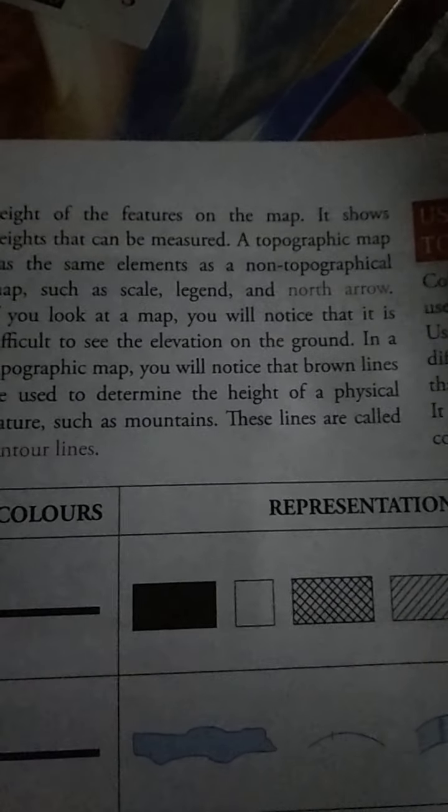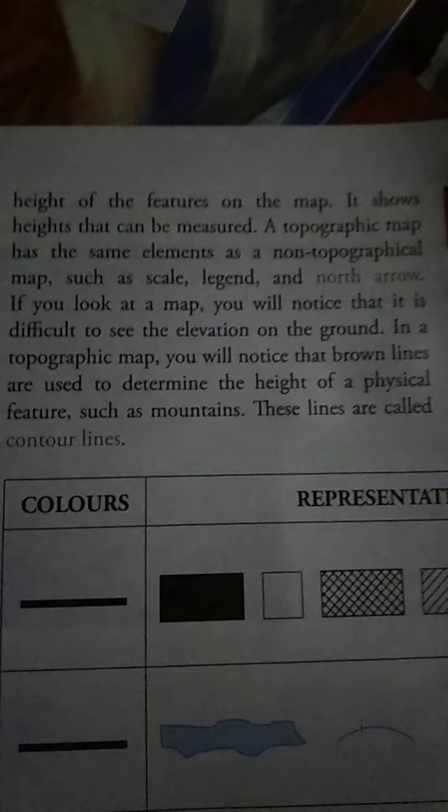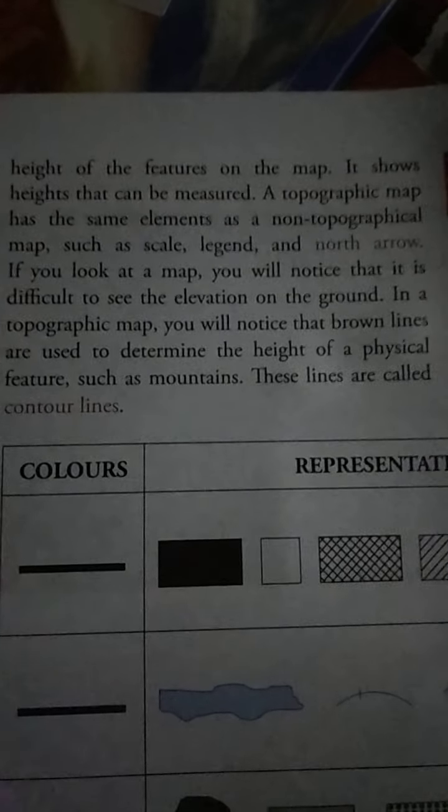It shows the height of the place from the sea level. It helps us to understand the area. A topographical map has the same elements as a non-topographical map, like scale, legend, north arrow, that you have studied, I think, if you remember.